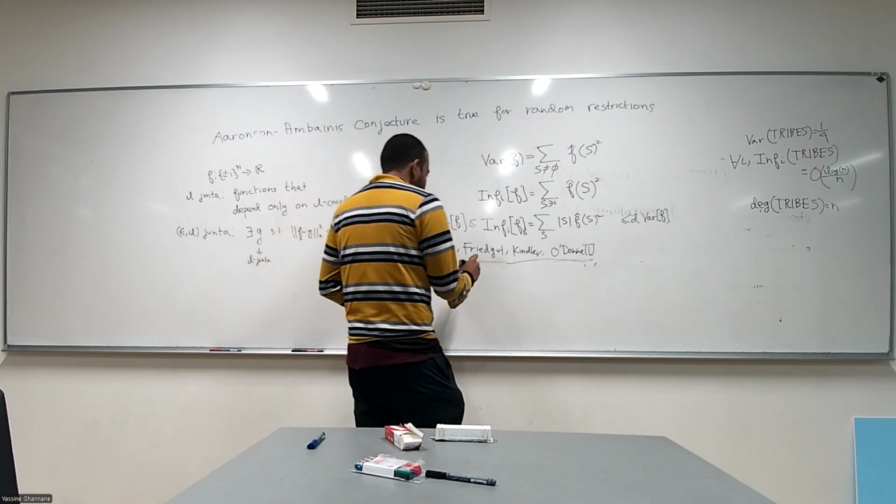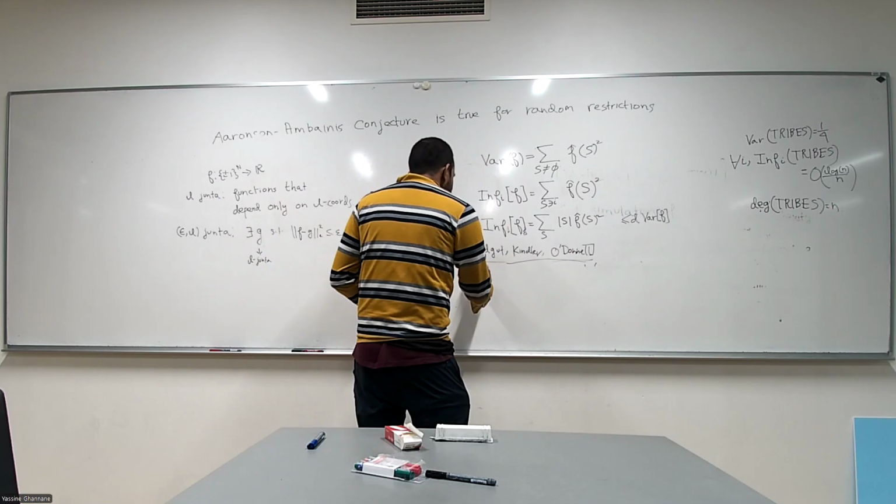So f is a bounded function and its Fourier mass above level k is very small.